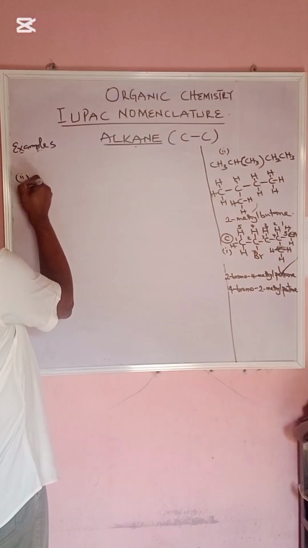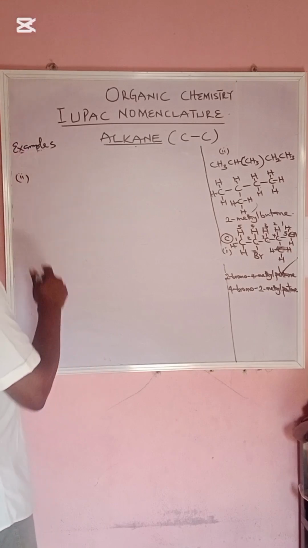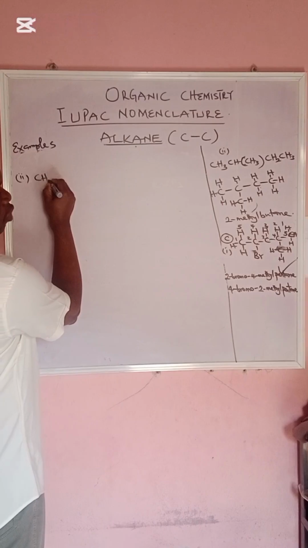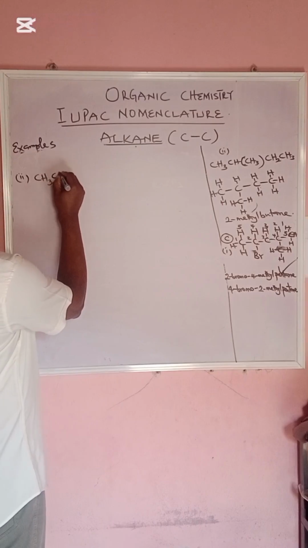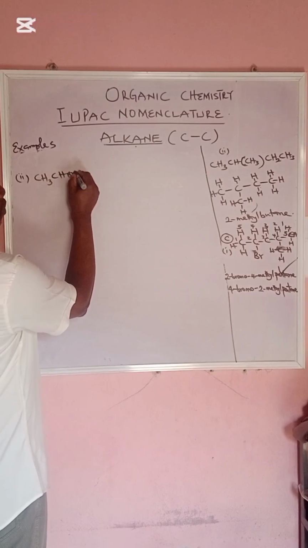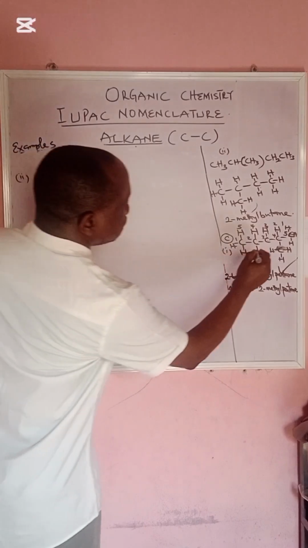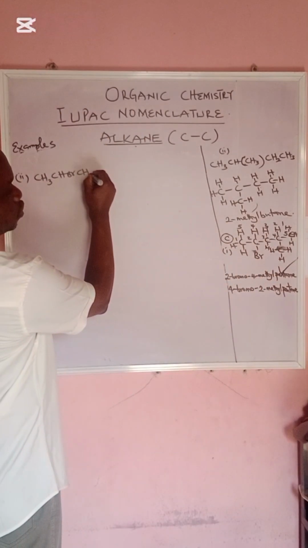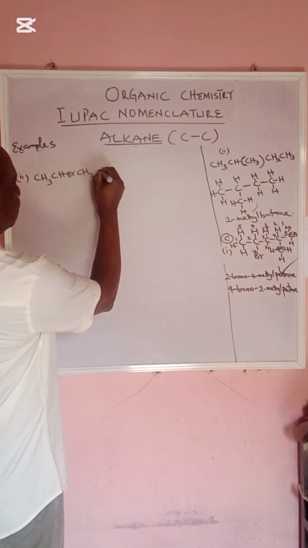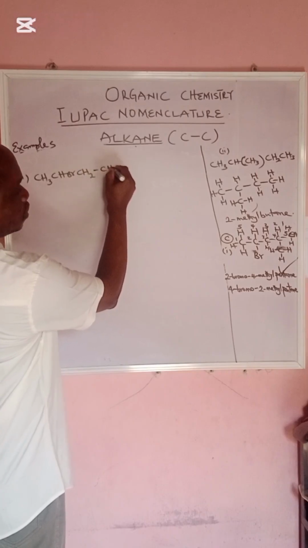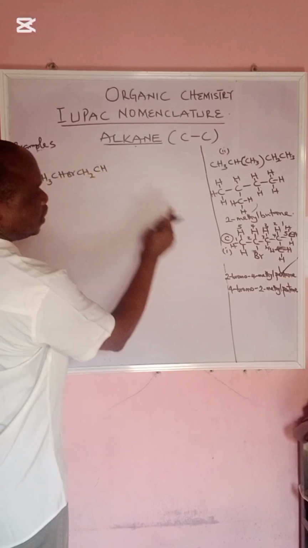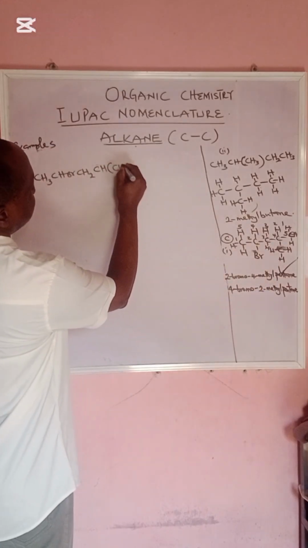So figure 2, let's say you are giving the molecular formula as CH3, CHBr, CH2, CH, then bracket CH3, then CH3.